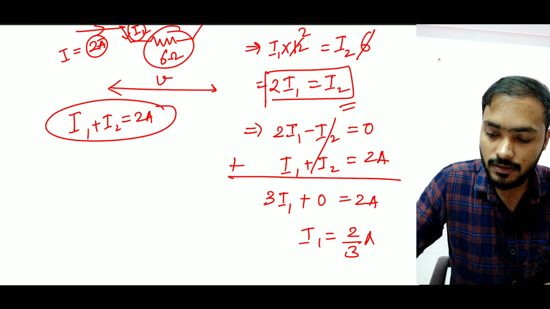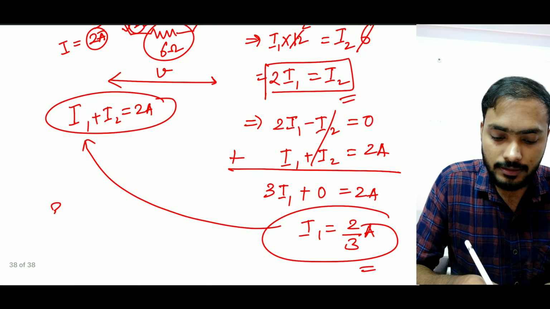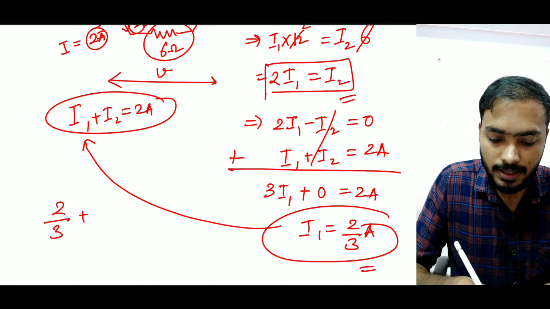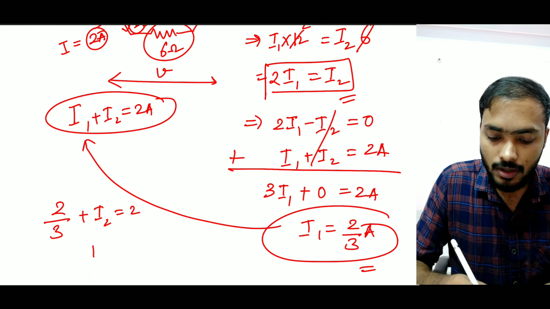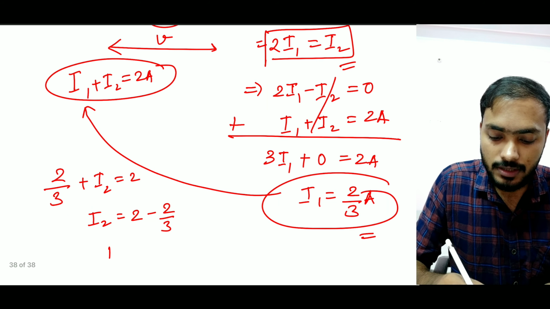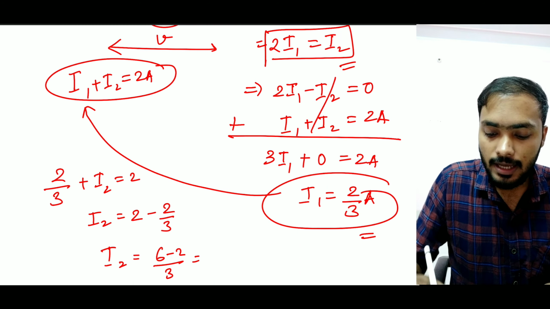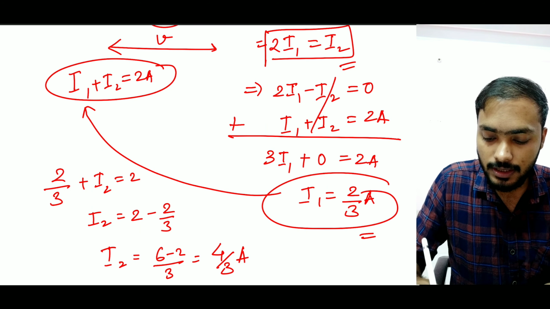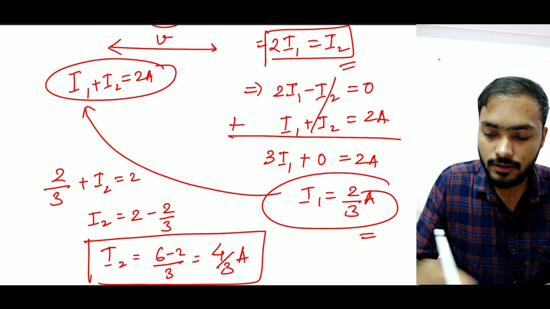So I got the value of I1, and very similarly put the value of I1 over here. You will get 2 by 3 plus I2 is equal to 2, or I2 is equal to 2 minus 2 upon 3. So I2 will be 6 minus 2 upon 3, and this will be 4 upon 3 ampere, right? So I got the value of I2 also.